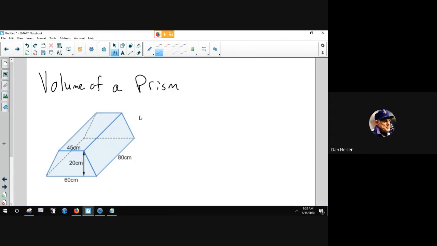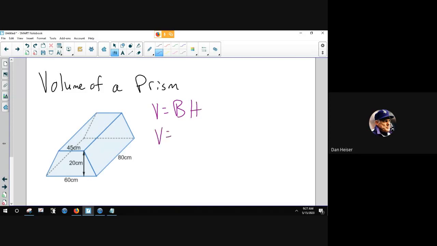Our base is this trapezoid. So the volume of this prism is the area of a trapezoid times the height of this prism. The height of the prism is the distance between the two bases. So in this particular case, base area times height.